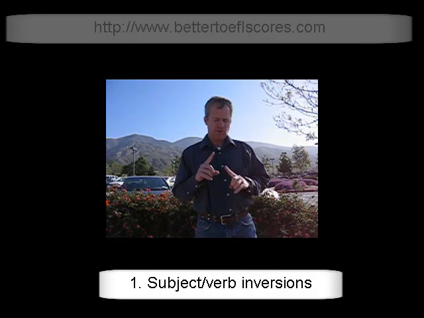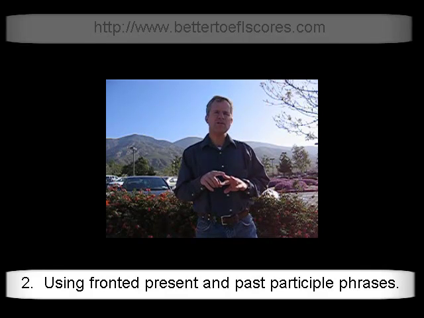So there's three things that you can do that can help you improve, I think, your writing skills and your speaking skills for the TOEFL iBT. The first one is called subject-verb inversions. You don't always need to put the subject and then the verb. Another one is using fronted present and past participles to change up your word order a little bit and to show some advanced grammar skills.